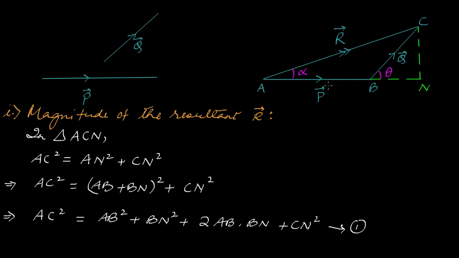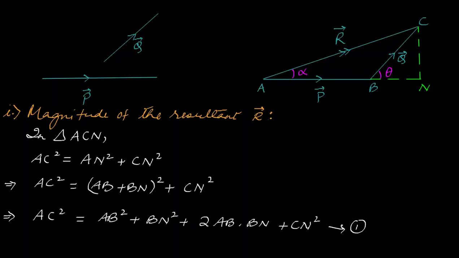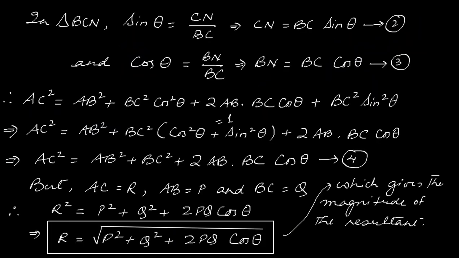So to find the direction of R, all we need to know is the angle. Let us find the angle alpha, or to make it simpler, let us find the tangent of alpha.